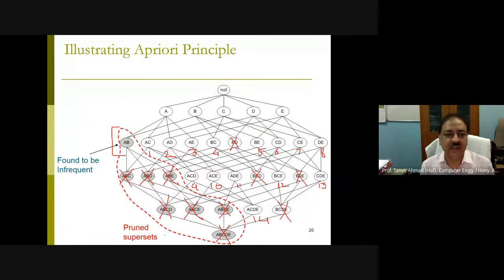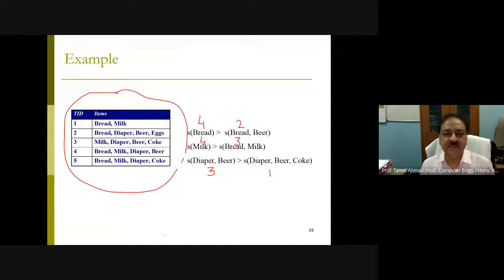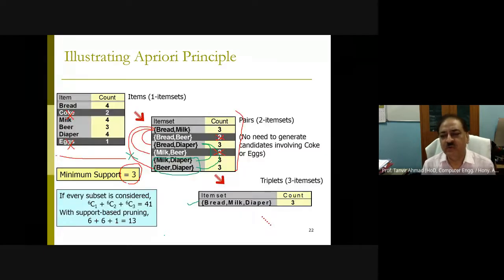Now you calculate over here. How many times is bread milk diaper coming? It's only coming 2 times. Okay, bread milk diaper is coming 2 times, and therefore this does not support the minimum support value. Therefore, I end up getting only one of them.